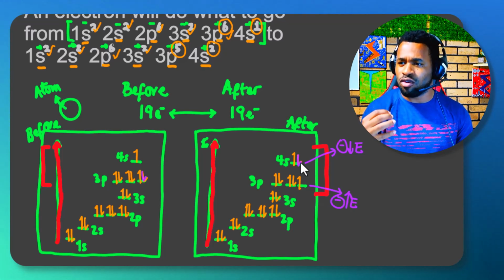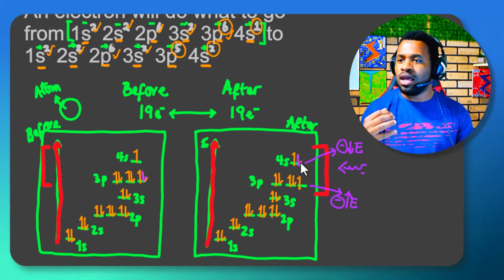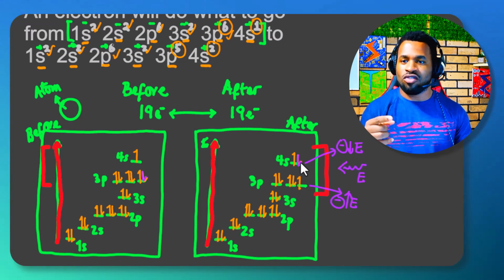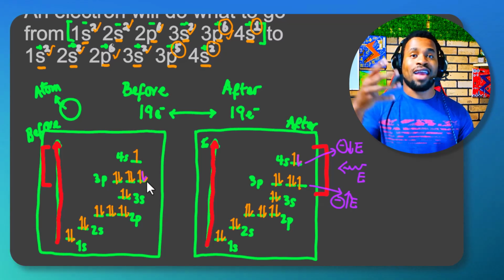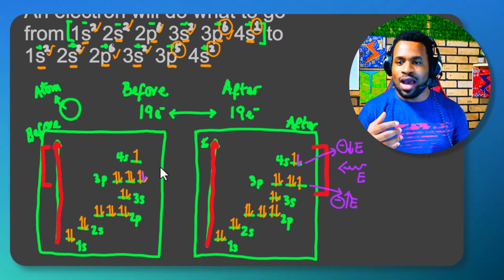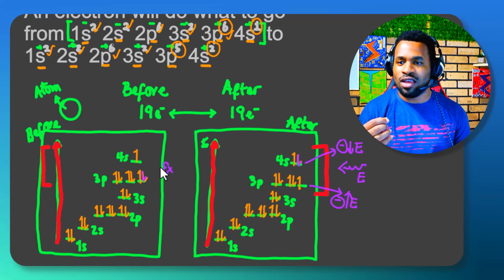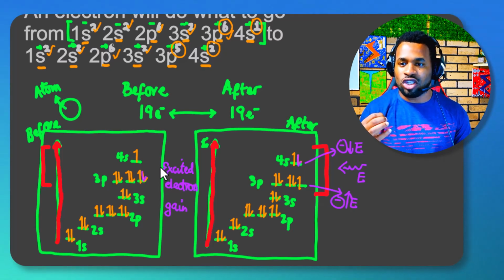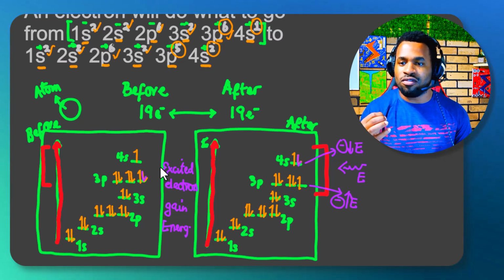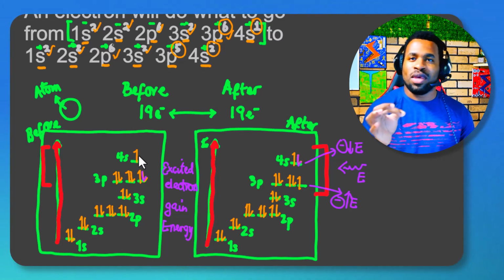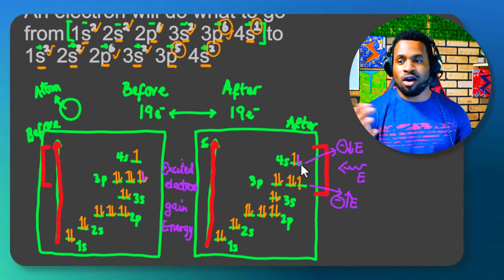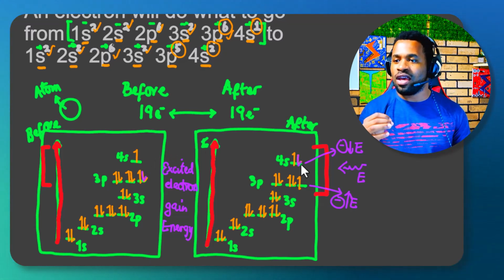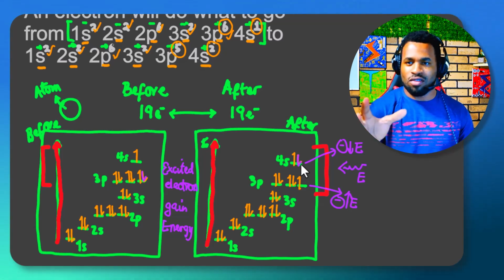So you have to put in energy for this electron to be excited to move to a higher energy level. This is known as an excited electron, and this means that this electron had to gain energy in order to move from the 3p to the 4s orbital.